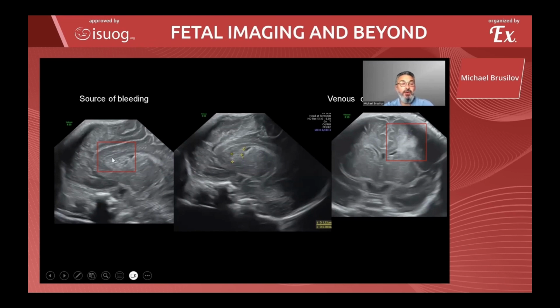This is image of mid-sagittal plane and source of the bleeding in the caudothalamic groove, 1 centimeter. But you can see here on the coronal plane, venous congestion and edema.